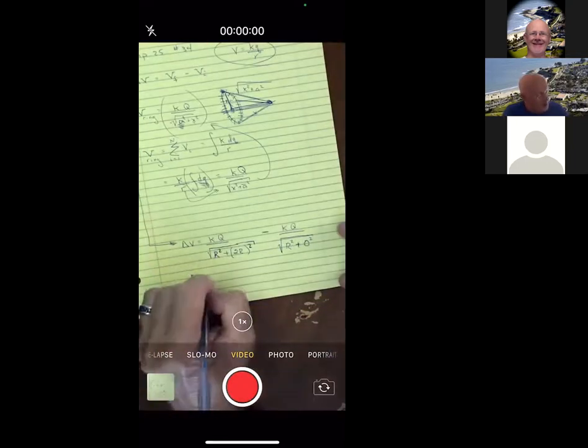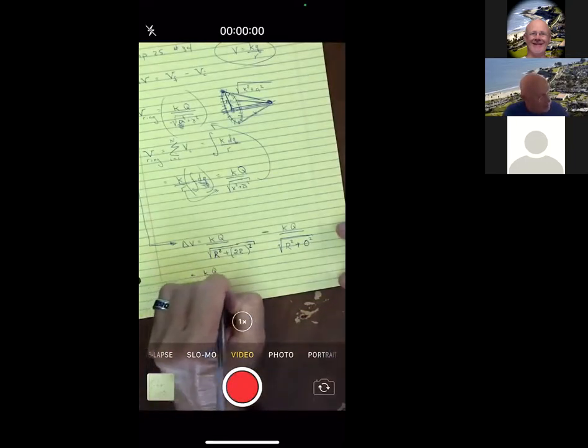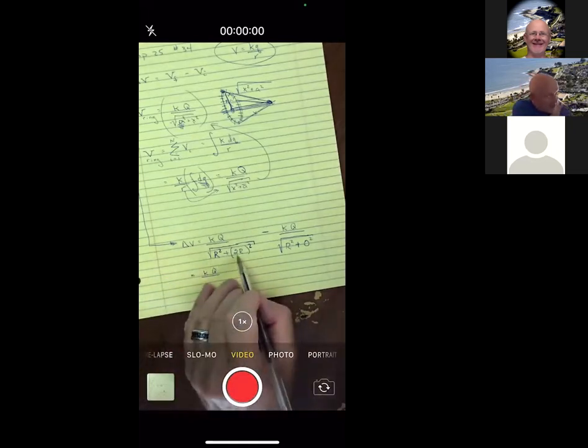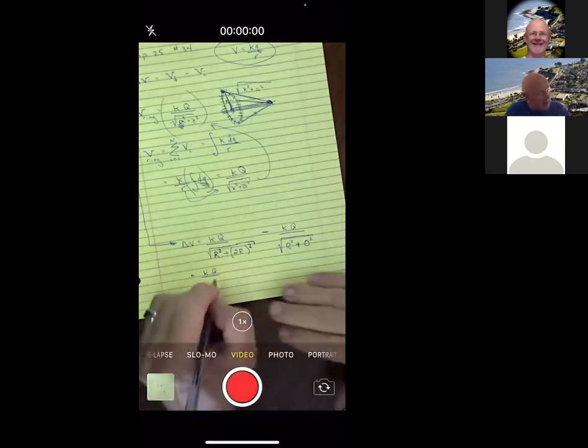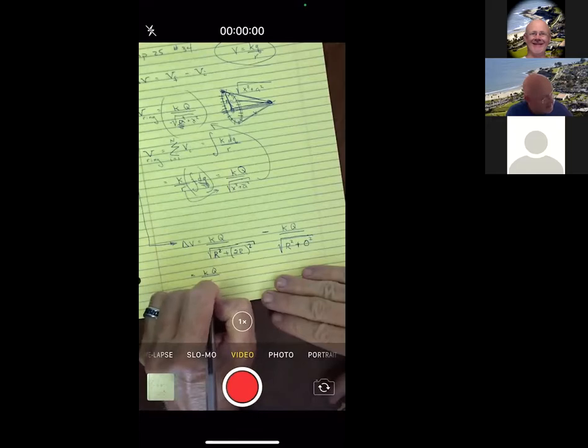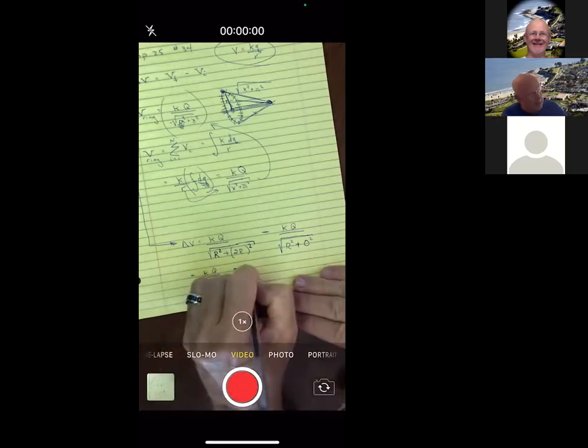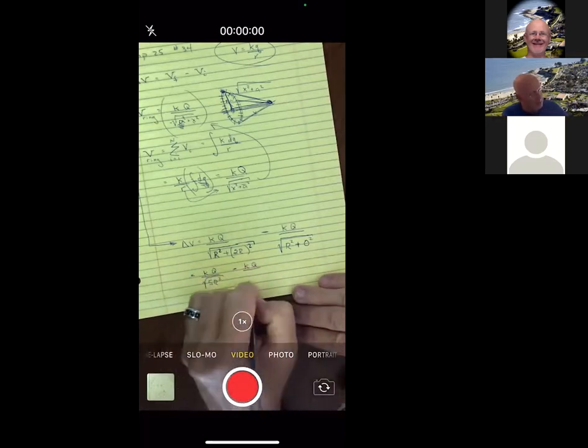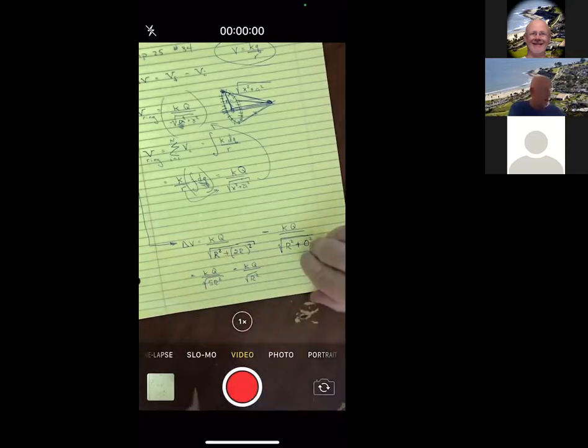All right, so this would be kq. If you look at this, this would be 4r squared added to this makes 5r squared at square root. And minus kq, and then this would be the square root of r squared.